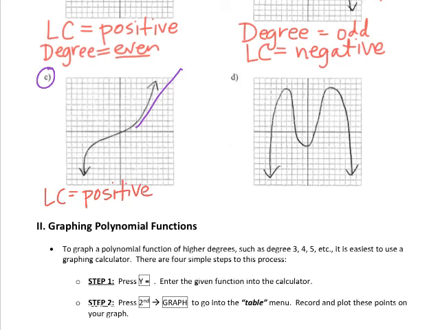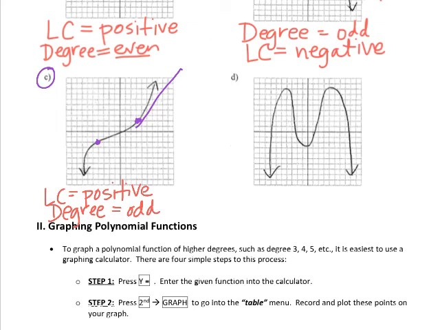Well, if you look carefully, there's a turn downward here, and then there's a turn upward around this area. So if there are 2 turns in the graph, then that means that the degree is going to be odd. So depending on the number of changes in the graph's direction, that's the way that you can tell what the degree, or the leading exponent, is going to be.